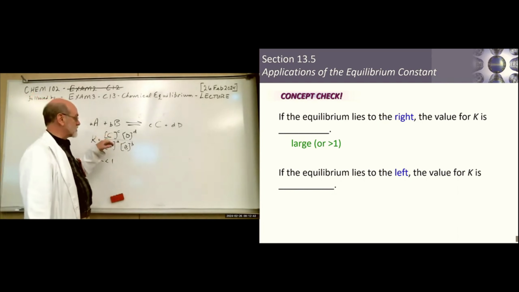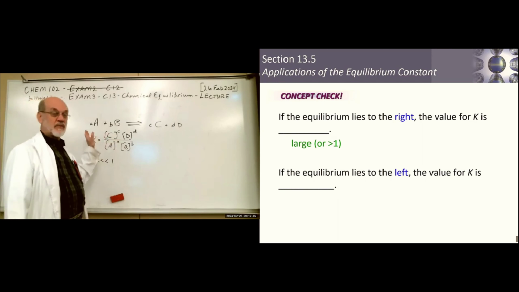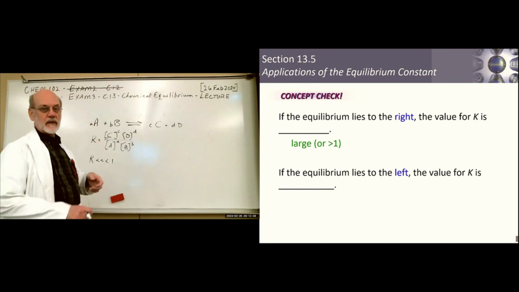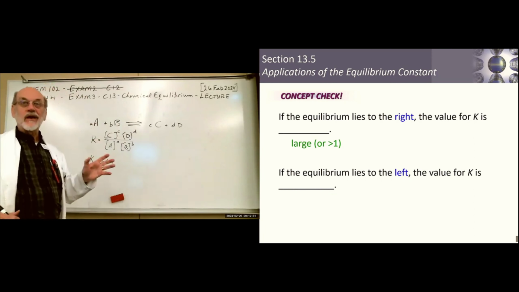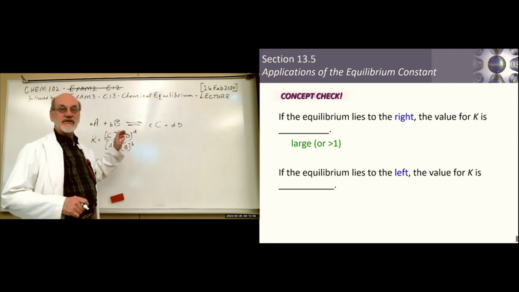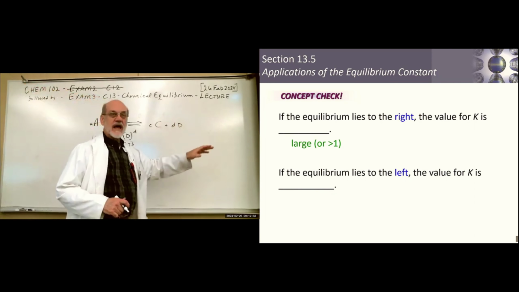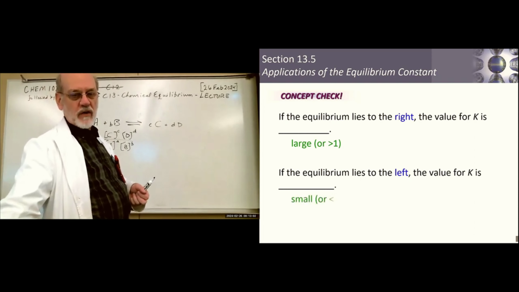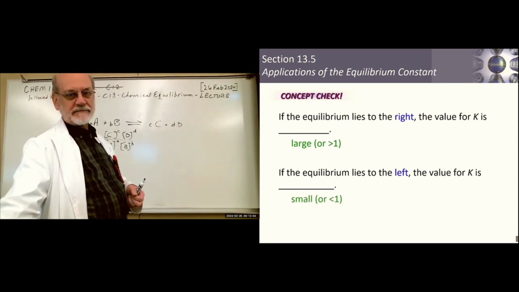If you get the right powers, your K could be less than 1, but it's actually to the right. So that's why I say very large values greater than 1, then you're fairly safe in saying that the reaction lies to the right. And very much smaller than 1 lies to the left.